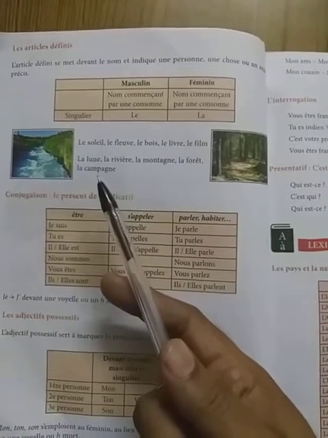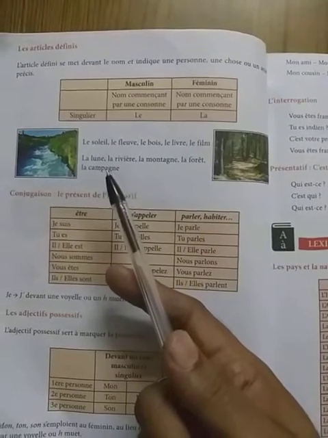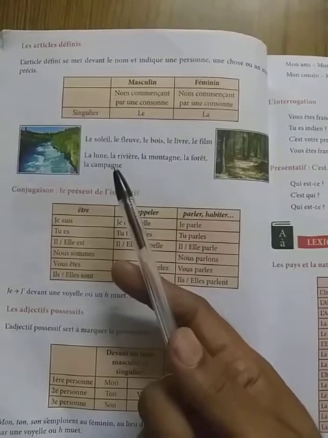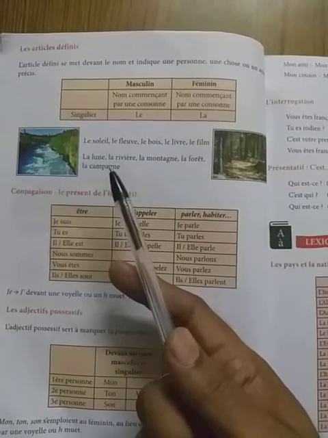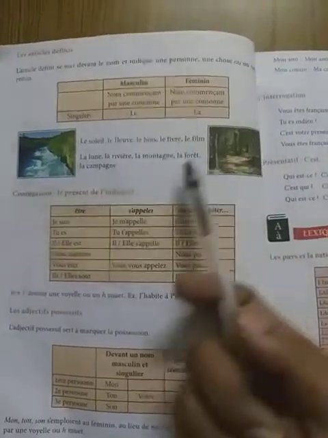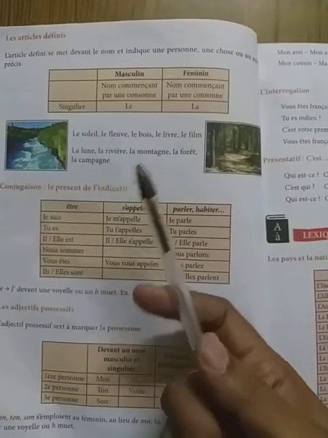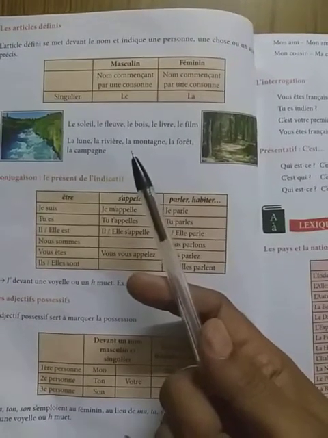I told you the easy way to find the type of the nouns. For things, and for persons and animals, you can determine it by the gender. But for things, with the help of the endings, you have to identify.